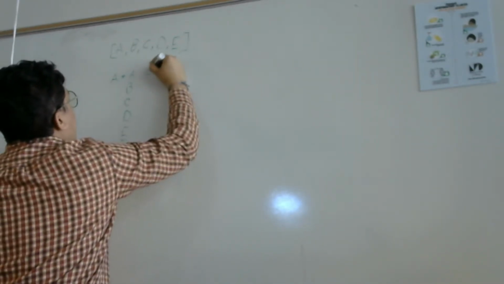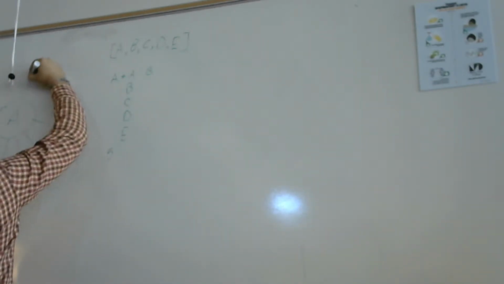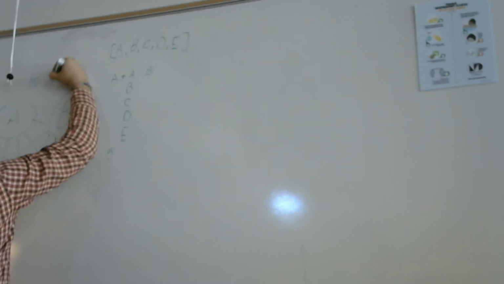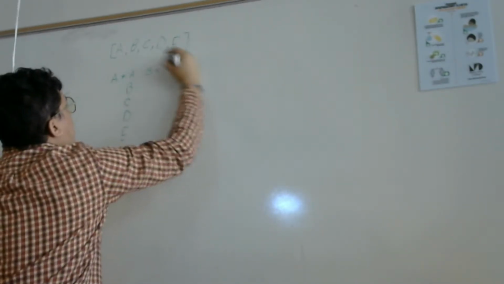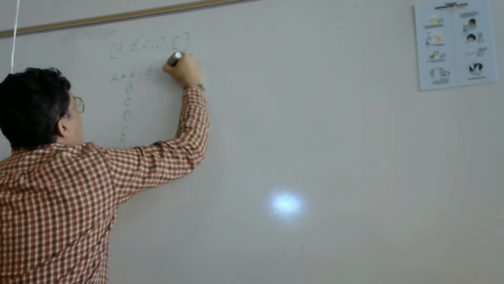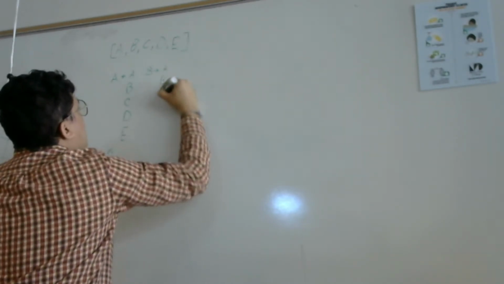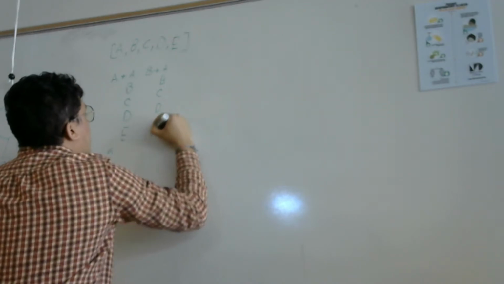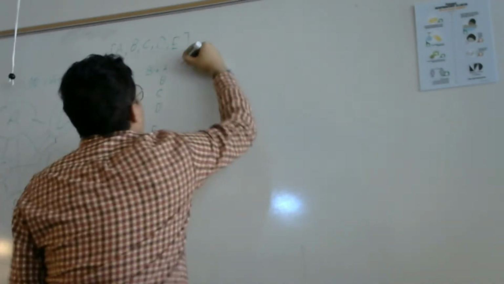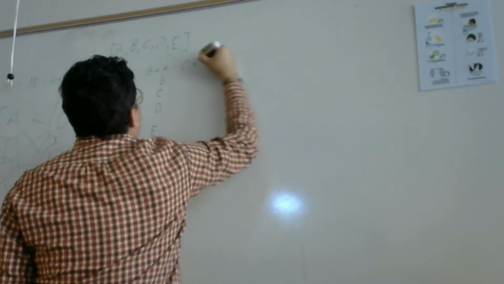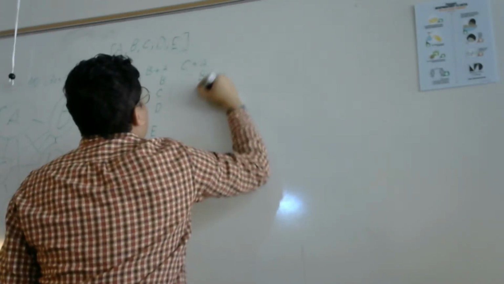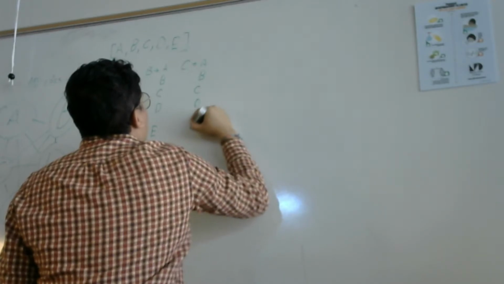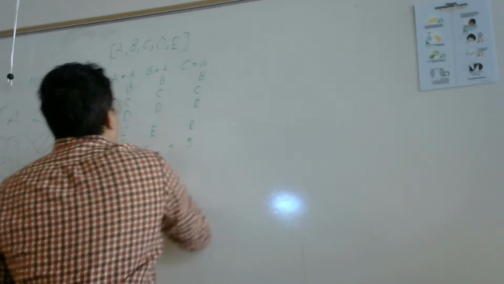Just remember that the optimal way gave us 10 calculations. So B, I need to calculate with A, B, C, D, E, which gives me 5. Then C, I need to calculate with A, B, C, D, E, an extra 5.